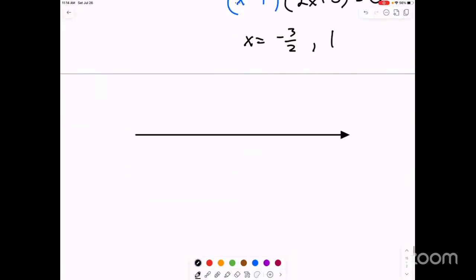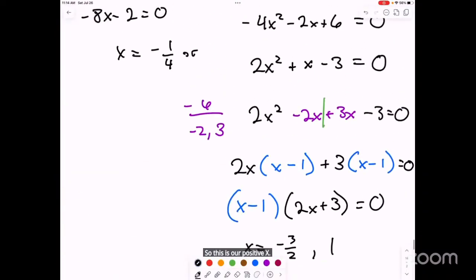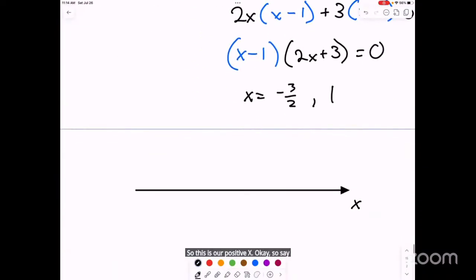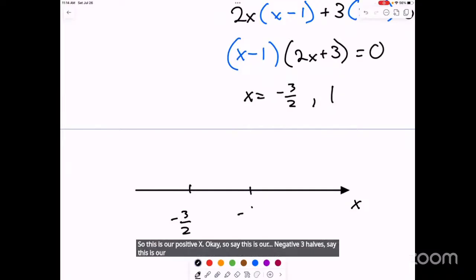Okay. So this is our positive x. Say this is our negative 3/2, say this is our negative 1/4, and then this is our 1.